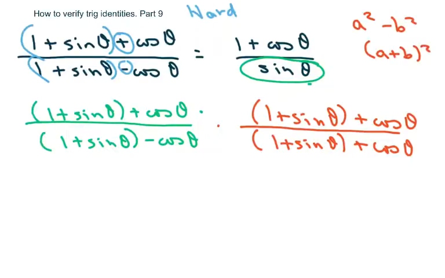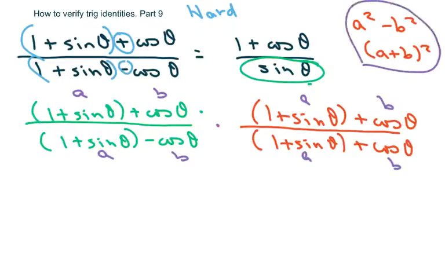So you take care of the numerator first, and we're multiplying these two. It's your a is this, and this is your b, a and b. Same with this, a, b, a, b. All right, and then you just use your formulas here.